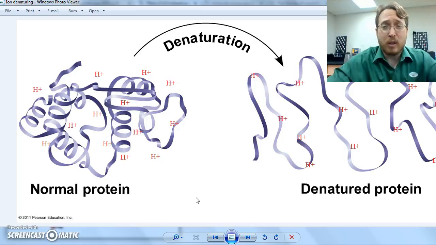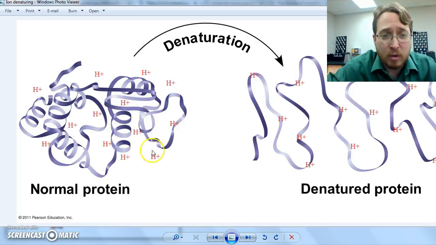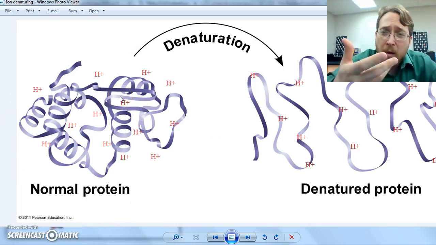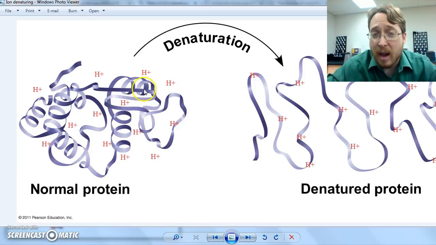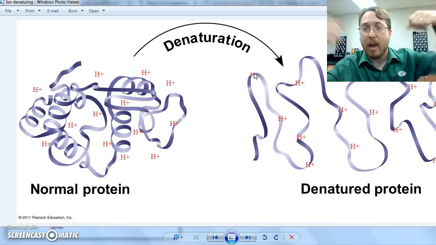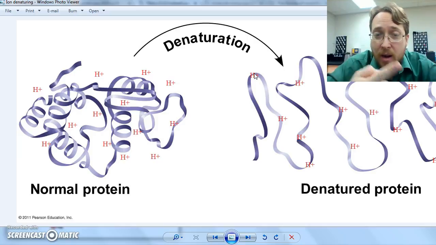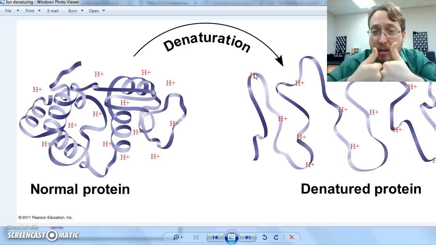However, if we have a bunch of other ions surrounding that protein, just floating around near the protein like we have over here, well, the electromagnetic attraction of those ions is just as strong, if not stronger, than the electromagnetic attraction of the R groups, which means that there might be an R group over here that right now has a hydrogen bond to the second R group, but when this hydrogen comes along, it says, oh no, we're attracted to that. And so, bam, you've got your hydrogen ions, in this case, attracting to those R groups.